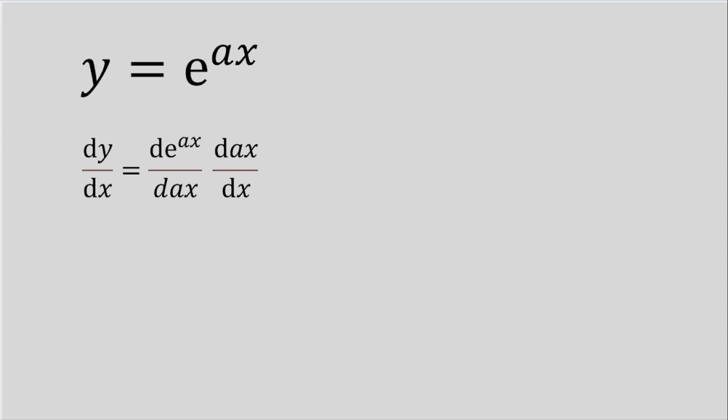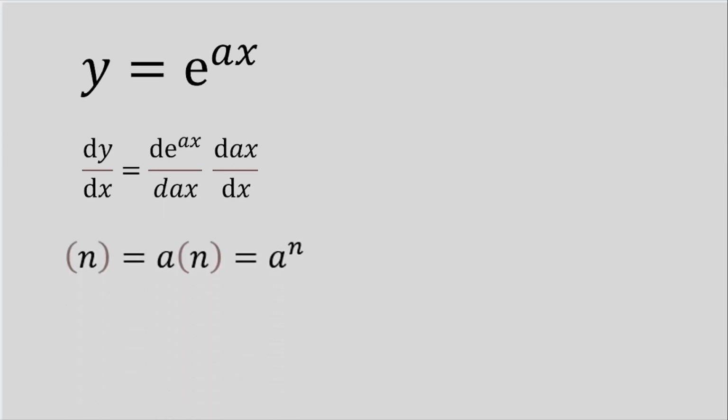is d(ax) by dx. So every time we differentiate ax with the help of dx, we always get an extra term, that is a. So the extra term a will appear every time we differentiate the function.